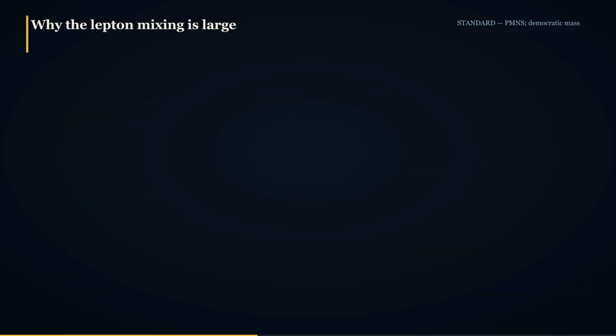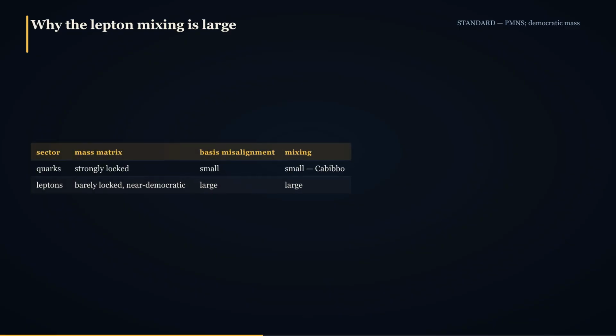And why does the neutrino mix so widely? The cyclic mass matrix of chapter 22 diagonalizes in a channel basis, and mixing between 2 sectors is just the misalignment of their bases. For quarks, misalignment was small, which is where the Cabibbo relation came from. For leptons, the mixing matrix is the charged lepton rotation against the neutrino rotation.